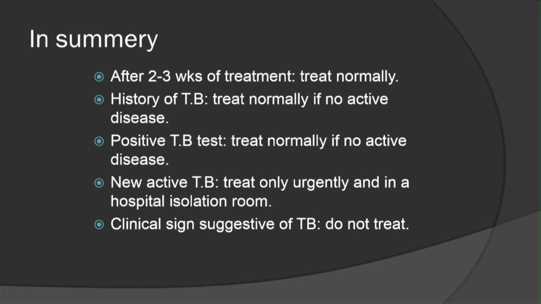For a patient with a history of TB, treat normally if there is no active disease, that means no clinical manifestation, and on chest x-ray no hilar lymphadenopathy and no effusion. Also for a patient with a positive tuberculosis skin test, treat normally if there is no active disease. So if there is no sign or symptom, any patient with a history of TB, we can give treatment normally.